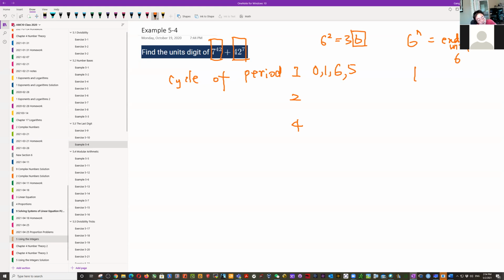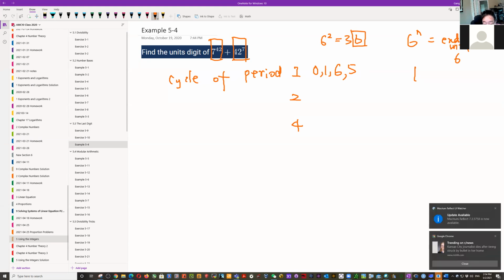And period 2 basically is the numbers that ping-pong between two digits, and the period 2 numbers are perfect squares, basically 4 and 9. Among the 1 digit numbers, 0 and 1 are also perfect squares, but those are actually period 1.